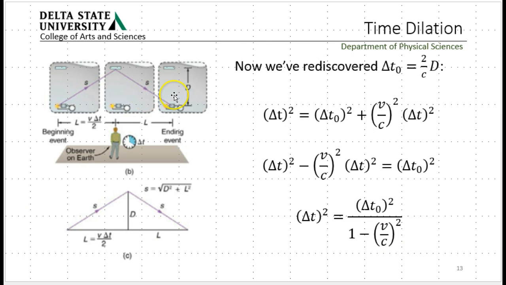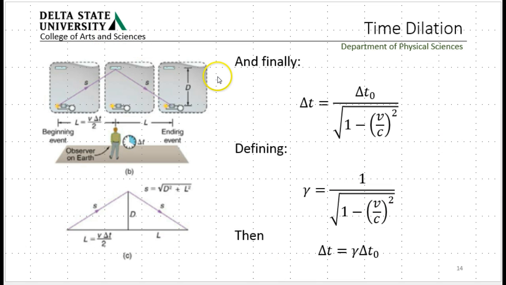So the result, when you collect like terms, is delta t squared minus (v over c) squared delta t squared. And in the end, we get that delta t, the time that we see standing on the Earth for this experiment to take, is the time the astronaut experiences divided by the square root of 1 minus (v over c) squared.